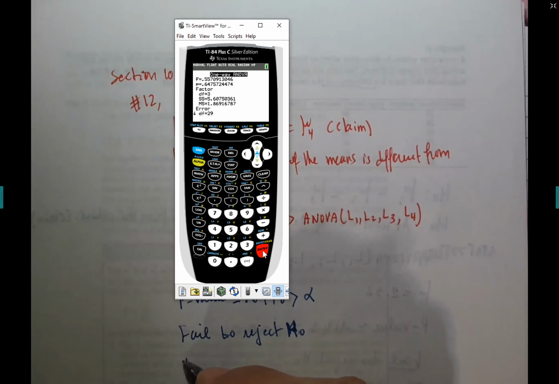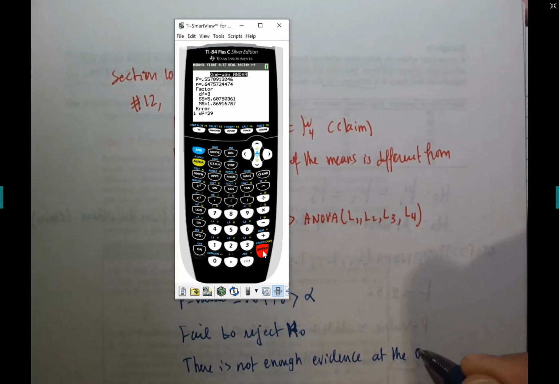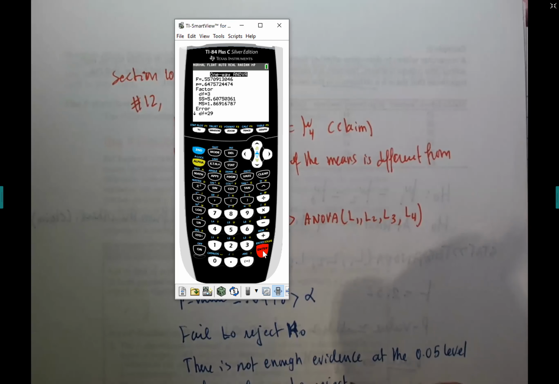And final step: there is not enough evidence at the 0.05 level of significance to reject the claim that the mean stay, the number of days, just copy and paste the claim from the book, number of days stay at the hospital is the same for all 4 regions.